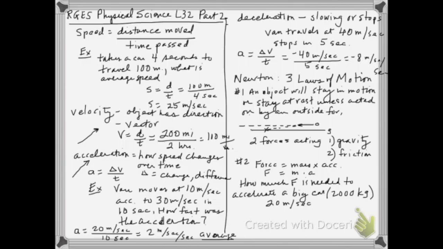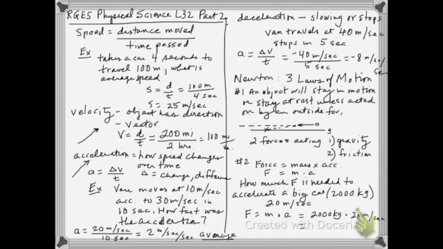So, force is equal to the mass times the acceleration. Okay, what is the mass? The mass is 2,000 kilograms, and we're going to multiply by acceleration. Acceleration is 20 meters per second.